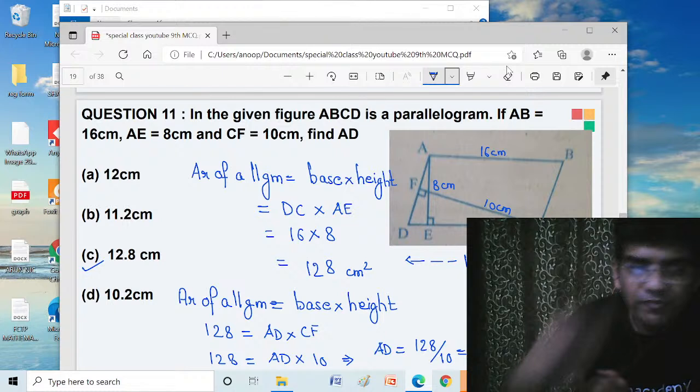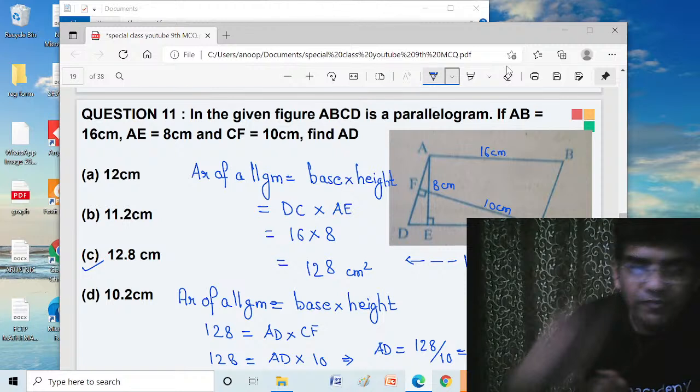Perimeter means the sum of the sides. So we will add these three sides. So it will be 96 centimeter.